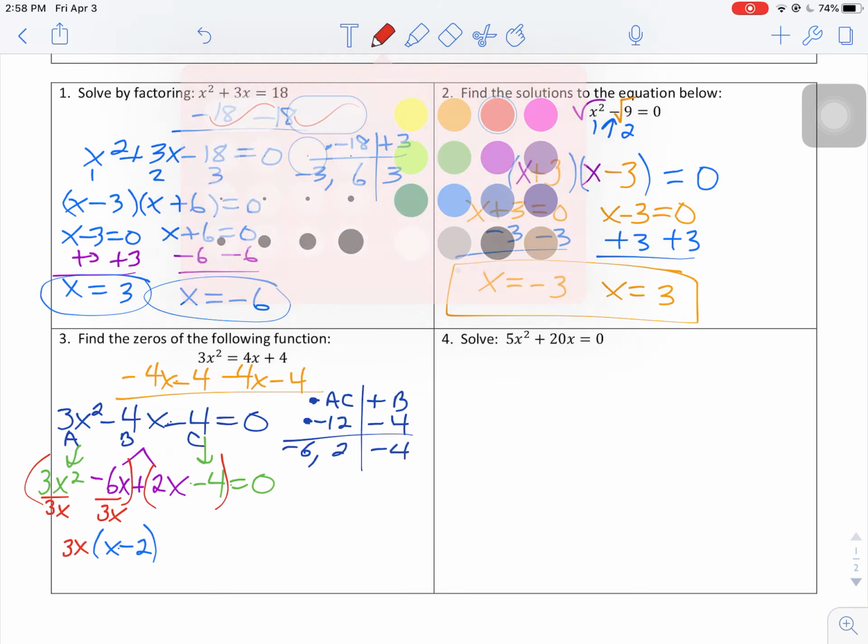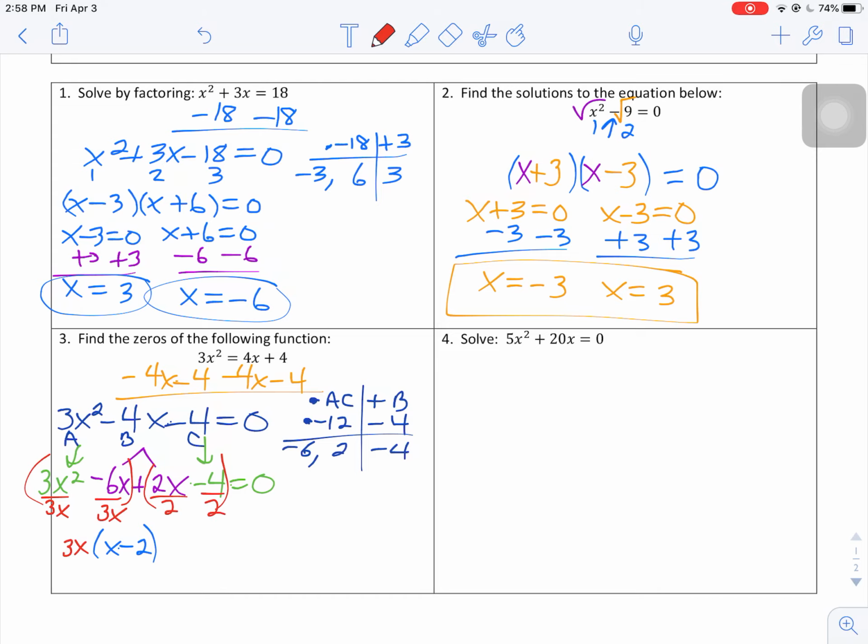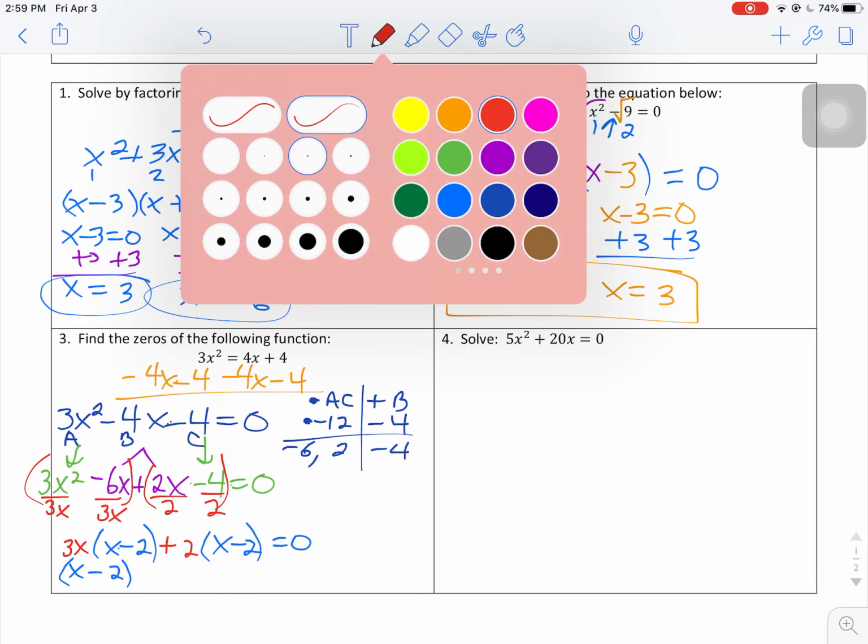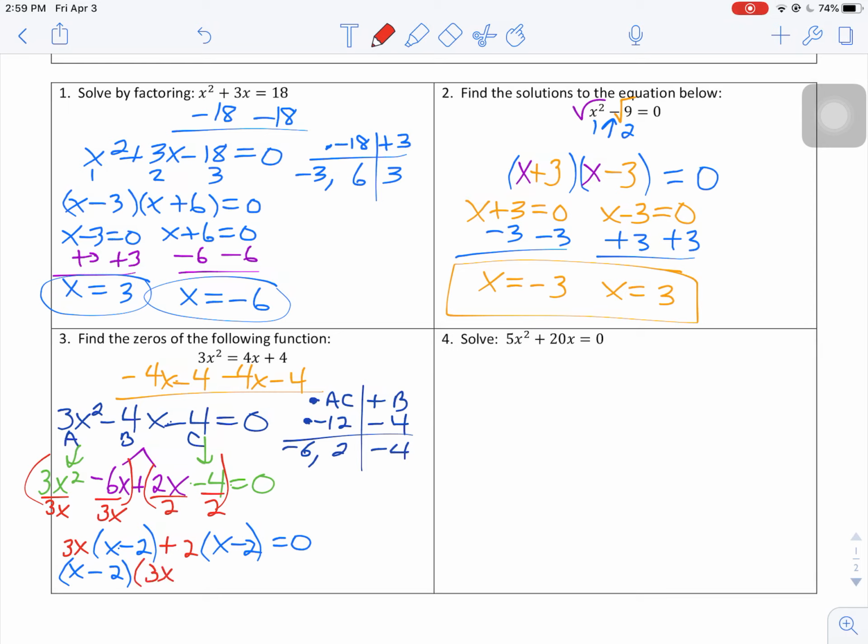In the second set of parentheses, I have a GCF of 2. And then leftovers in parentheses, x minus 2. And then I'm going to factor out the x minus 2 in the front, and the 3x plus 2 stays in the back, equals 0.